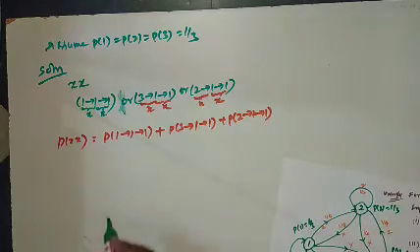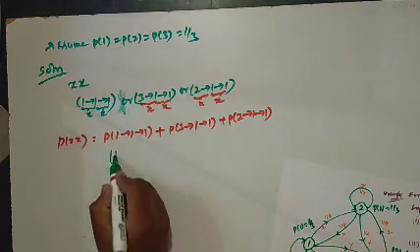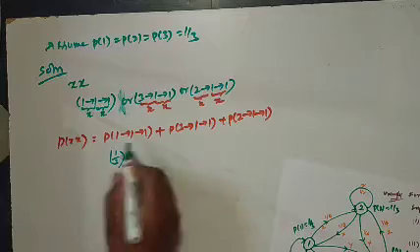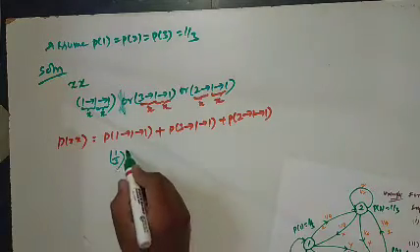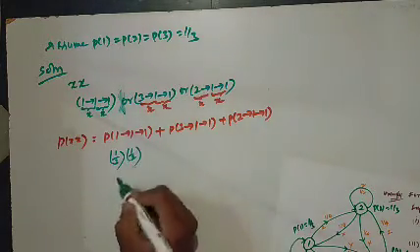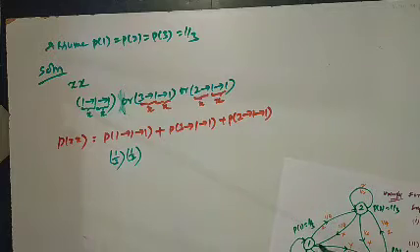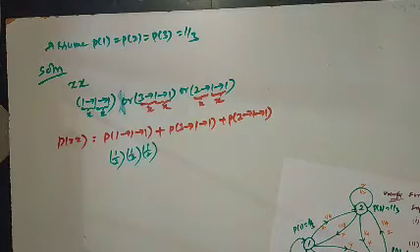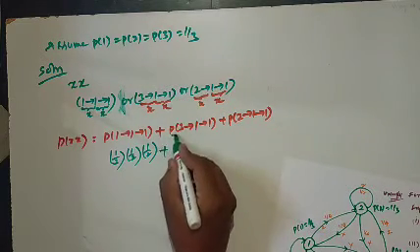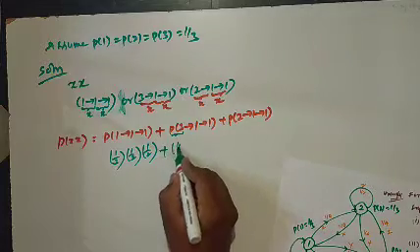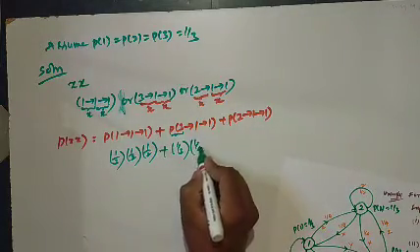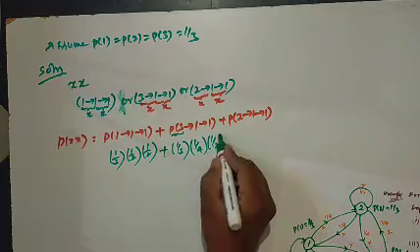In this case, first you write the probability of 1, which is 1 by 3, and 1 to 1, what is the probability? That is 1 by 2, and again from 1 to 1, that is 1 by 2. Plus, the probability of 3, that is 1 by 3, and 3 to 1 is 1 by 4, and 1 to 1 is 1 by 2.